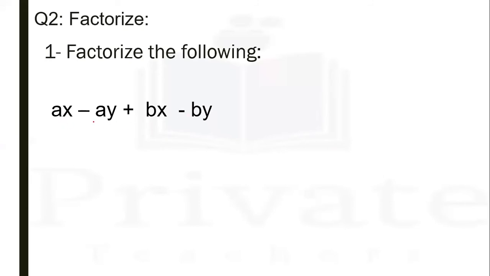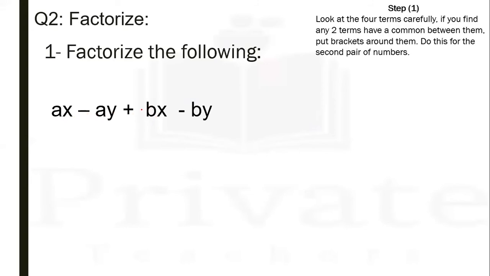Like a is found in all the terms? No, a is only found here and here. The x is found here and here only. So that means we don't have any variable or number that is common in all the terms. So this is factorizing using the grouping way.